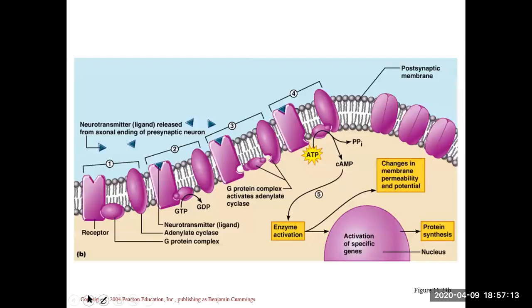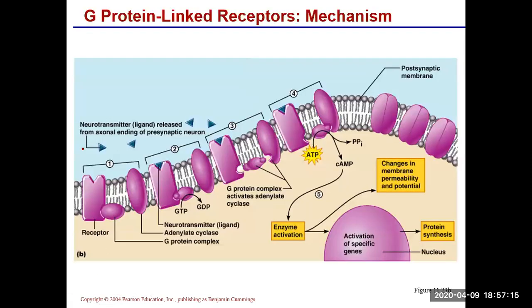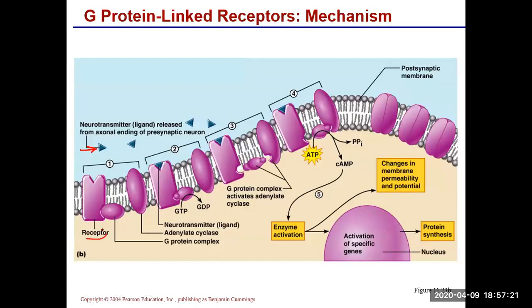If you go ahead and take a look at this, the neurotransmitter is binding to the receptor. Here is my receptor that is linked to the G protein. Now, as a result of one hitting the other, the G-link protein gets activated. This activation causes the adenylate cyclase to get activated.